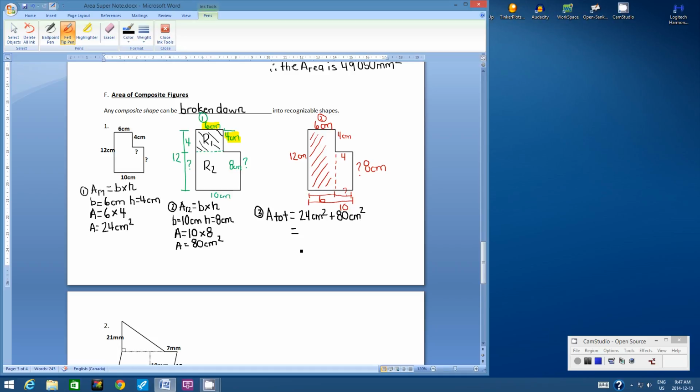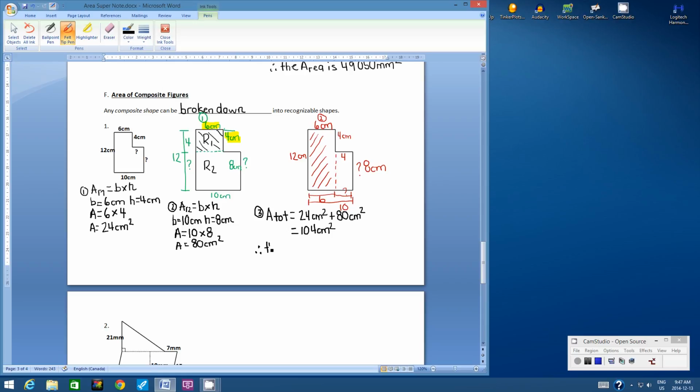And using your calculator, I got 104 centimeters squared. So notice that for each of these steps, we didn't put a final statement because now is the opportunity to put the final statement.